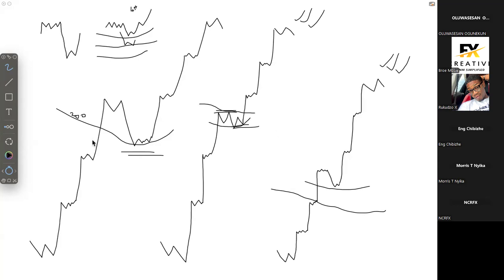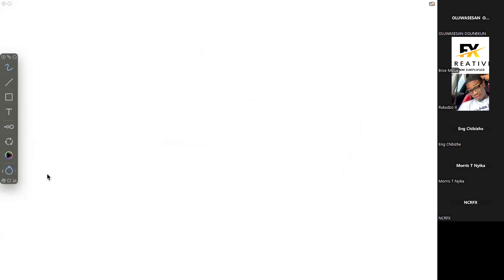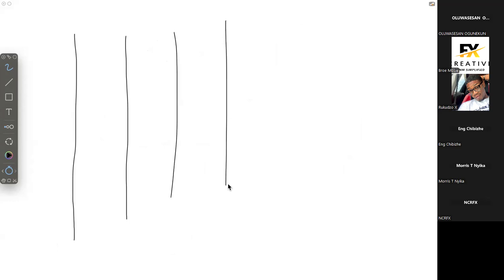So now this brings me to my next point, which is momentum. Say this is Monday, Tuesday, Wednesday, Thursday, Friday. You've got a market consolidating from Sunday, and then it comes right here and goes down as a sell.